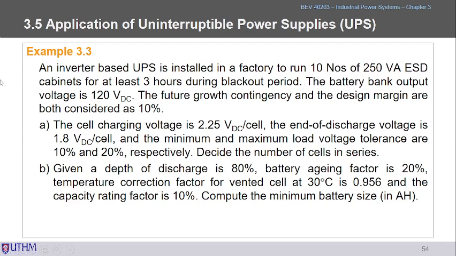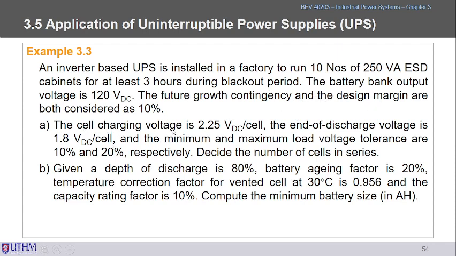And the battery bank output voltage is 120 volts DC. The future growth and the design margin are both considered as 10%, which is KG and KC, I think, right?